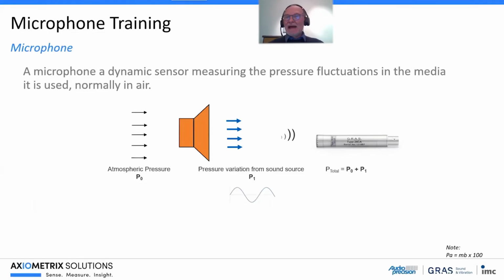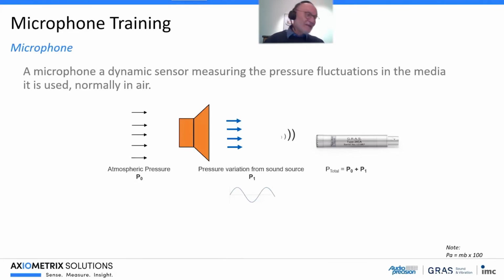Microphones. A microphone is actually a dynamic sensor measuring the pressure fluctuation in the media it is used in. Normally this media is air. If we have a look at the diagram here, we can see that we are all surrounded by an atmospheric pressure.